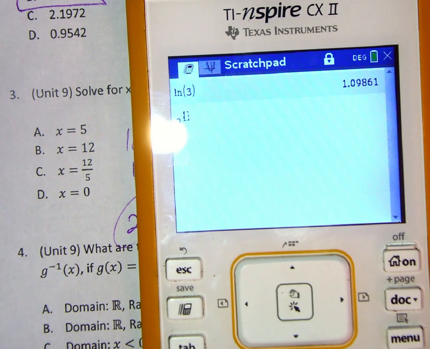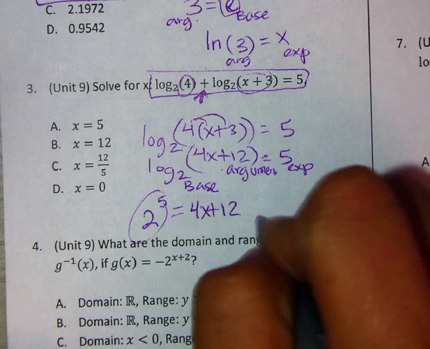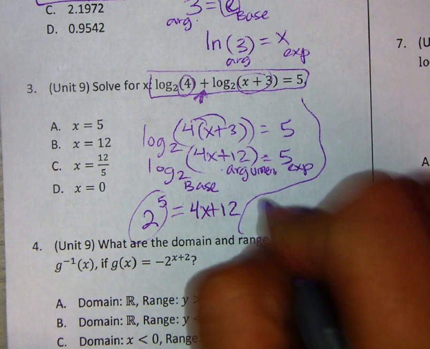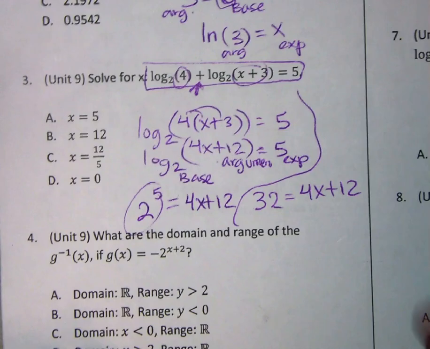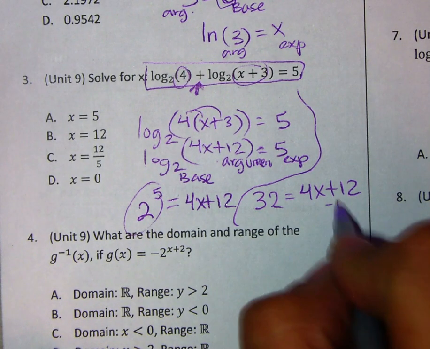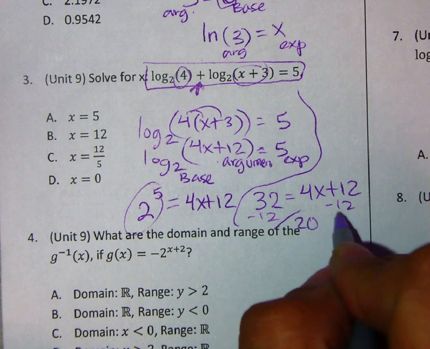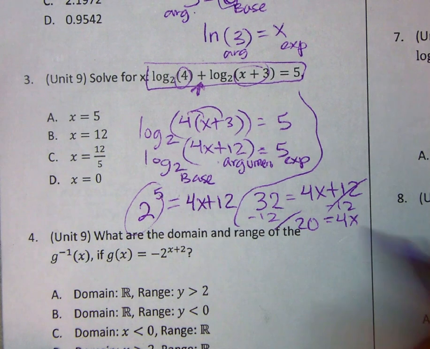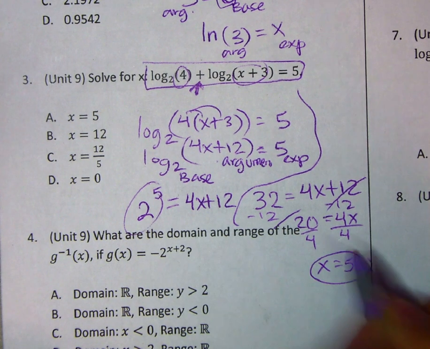So you can write this as 32 equals 4x plus 12. And now we solve for x. So minus 12 minus 12, this equals 20, equals 4x. Divide by 4, so x equals 5.